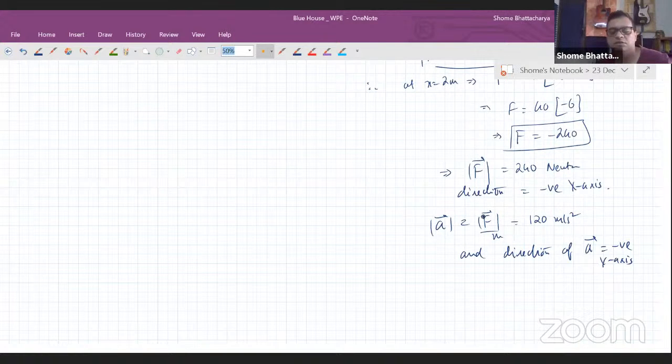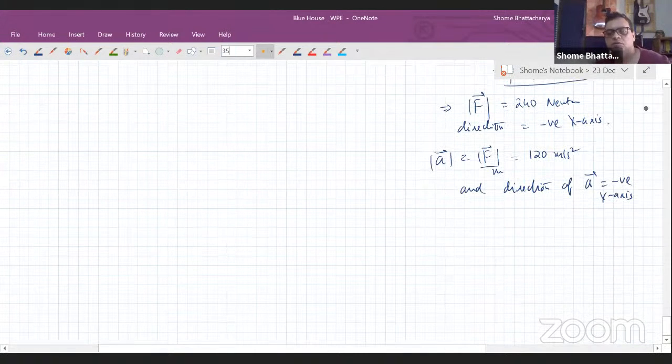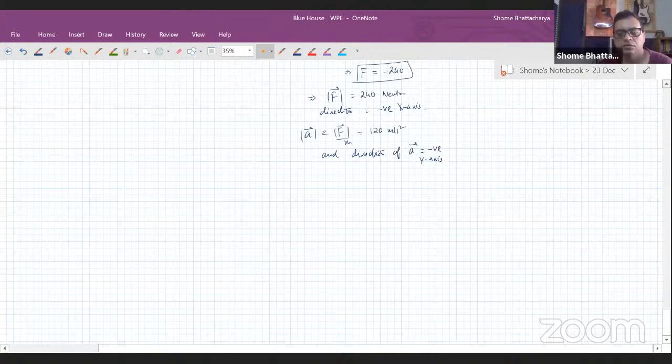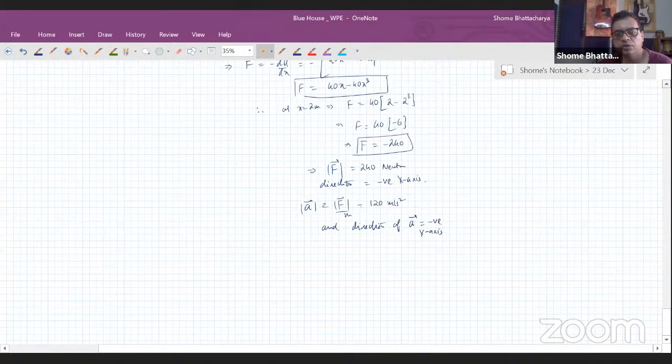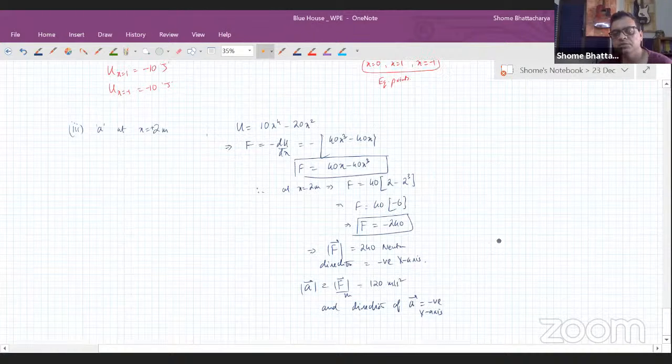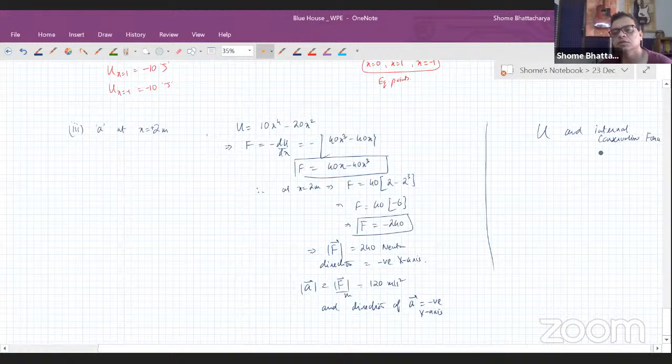So I'll just minimize this once more for you. So this is the important concept here today, the relation between potential energy and internal conservative force in a 1D system.